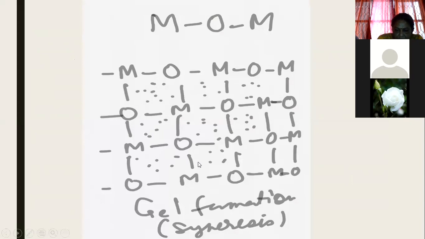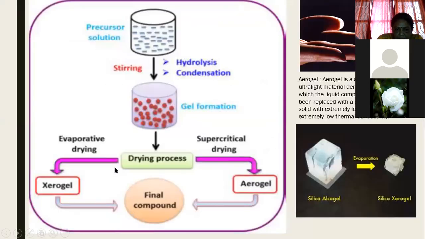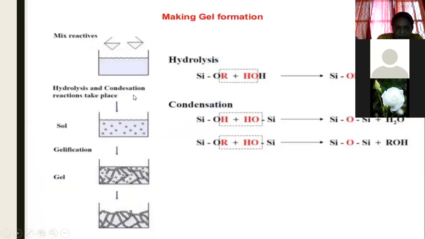And when we again apply high temperature for densification and to ensure complete dehydration, cracks occur, the network gets broken down, and we get the metal oxide nanoparticles. So that is the last step. This is the entire process of sol-gel formation.